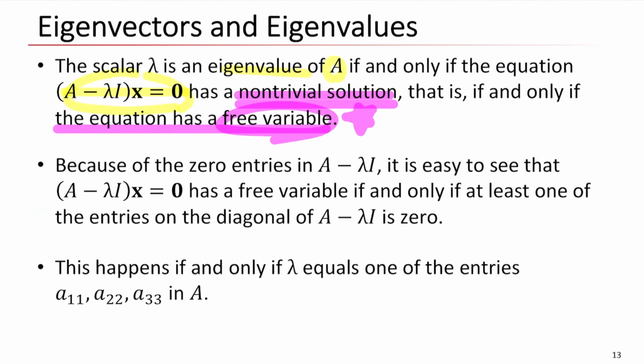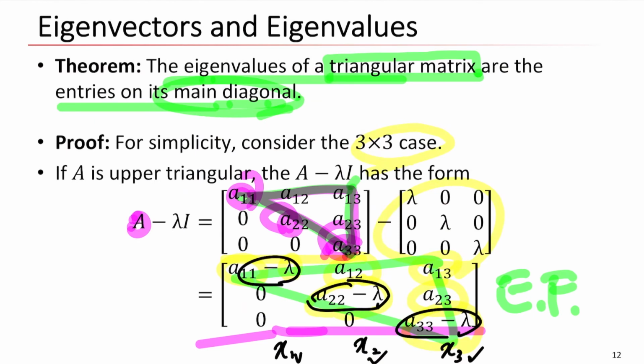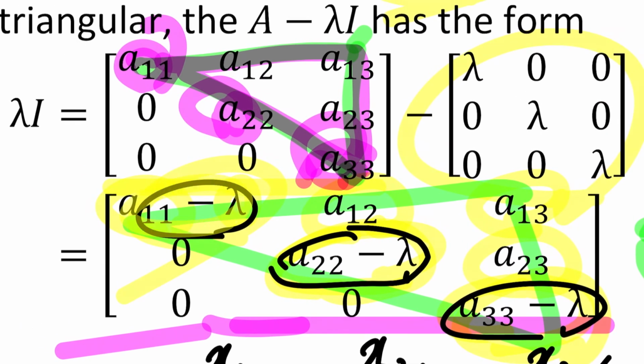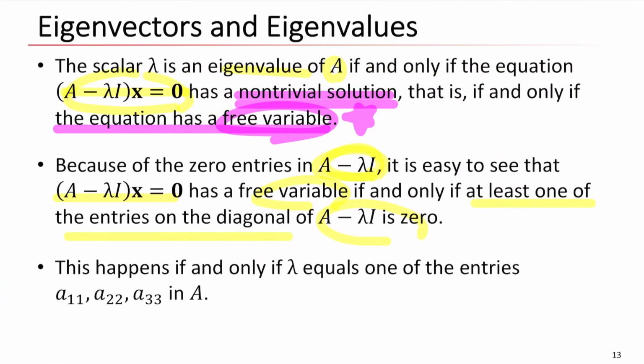So in other words, because of the zero entry here, it is easy to see it has a free variable if and only if at least one of the entries on the diagonal is 0. So if this one is 0, then we can say x2 is a free variable. If this one is 0, then x3 is a free variable.